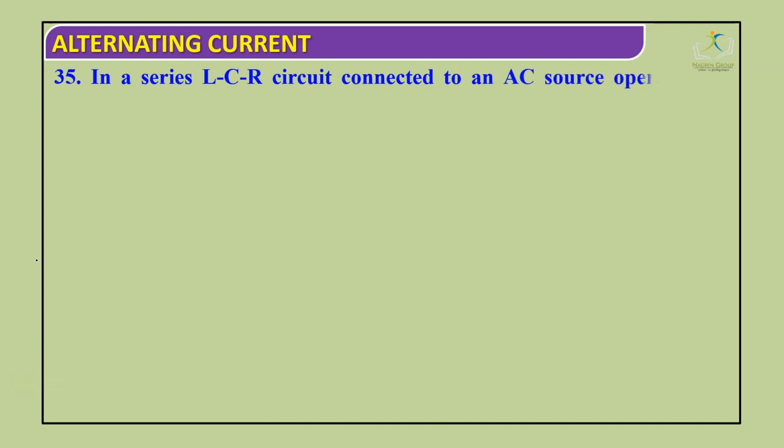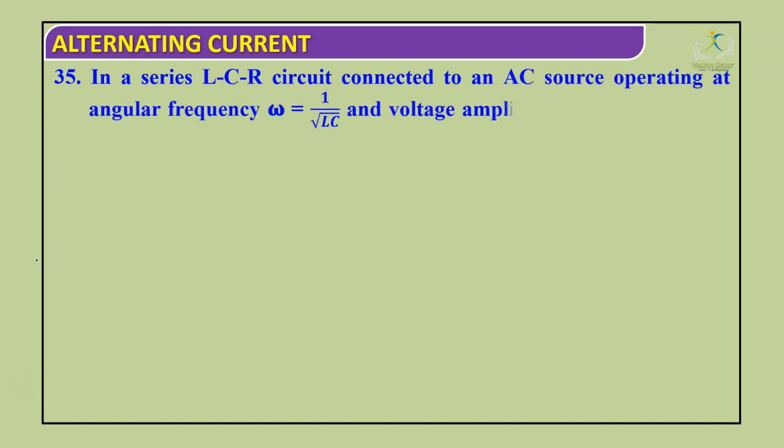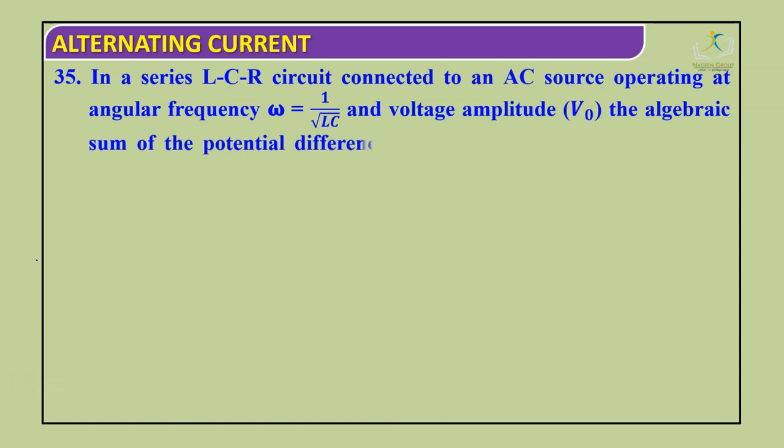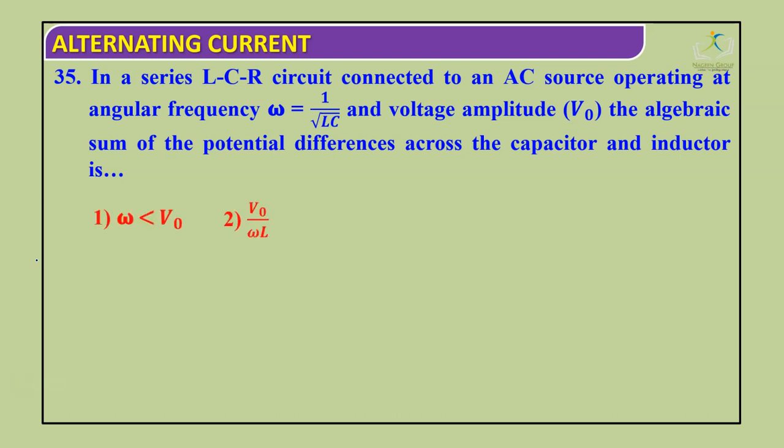Next question: in an LCR circuit connected to an AC source operating at angular frequency omega equal to 1 by under root LC and voltage amplitude V naught, the algebraic sum of the potential difference across the capacitor and inductor is: V naught by omega L, or 0.